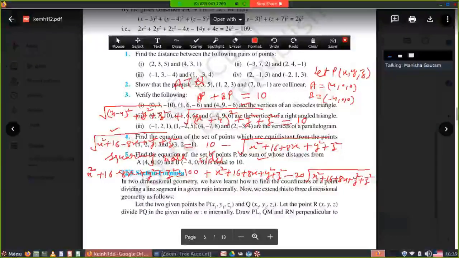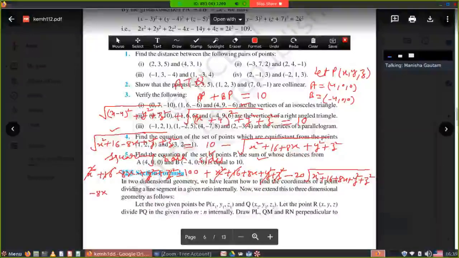Now cancel the terms which are to be cancelled. x square, y square, z square are cancelled, and here 16 is cancelled. What is left? The statement left is minus 8x.